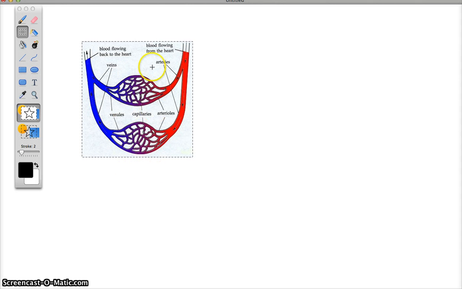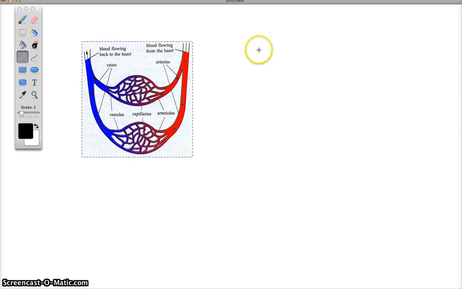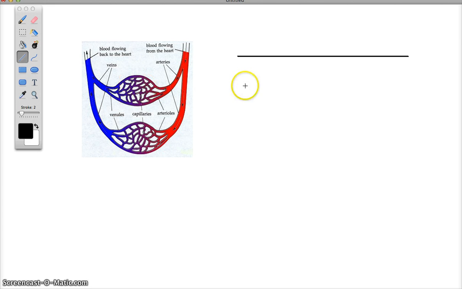The capillaries are the smallest blood vessels in our body, and they're the point at which we are exchanging fluids between the cells of our body. So to give you a reference point, if I were to draw out our capillaries, I'm just looking at maybe the circumference of just one of these little vessels.